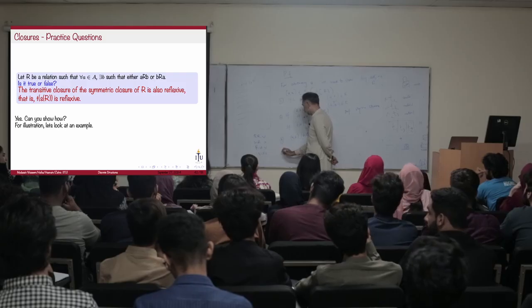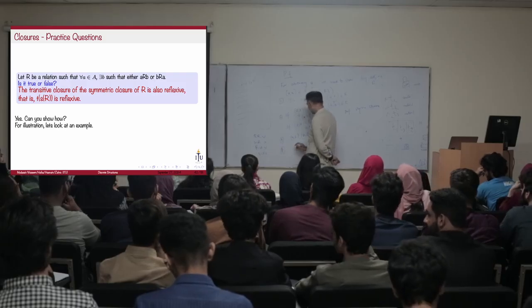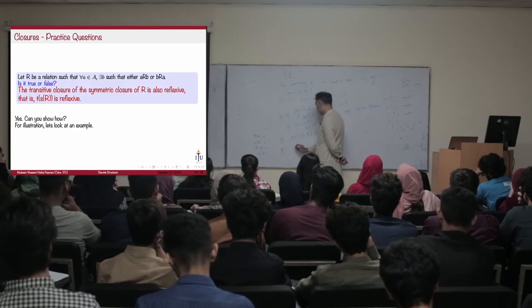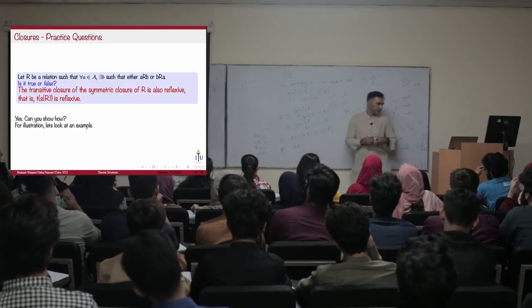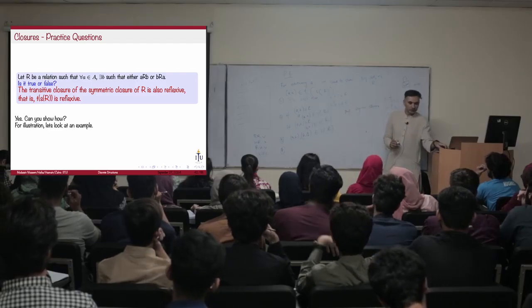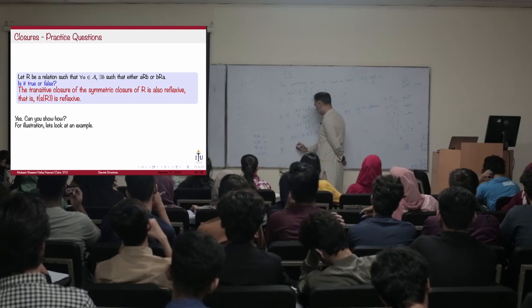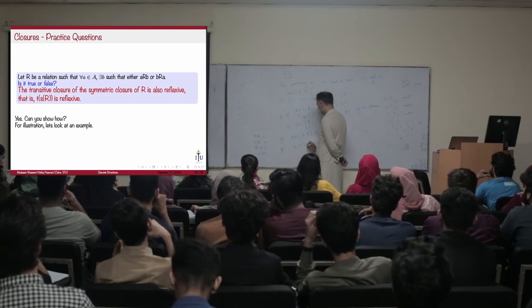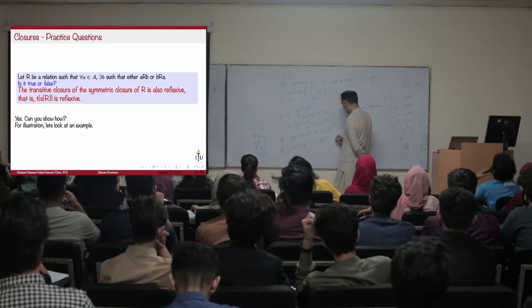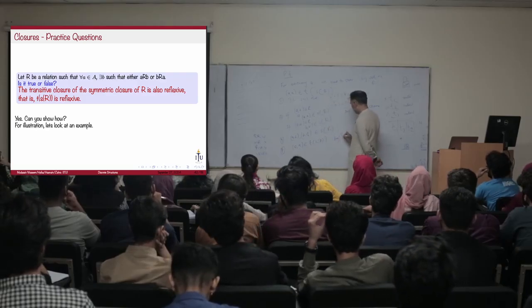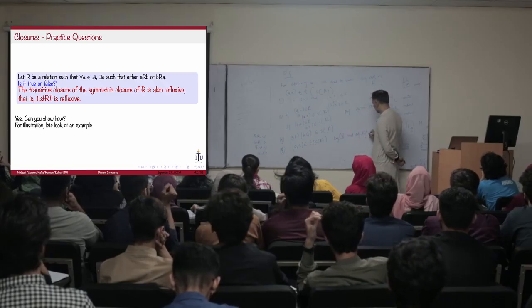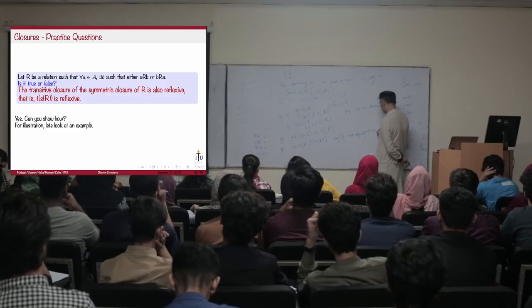So the next step is that (A, A) is in the transitive closure of the symmetric closure of R, by 3 and the definition of transitive closure.